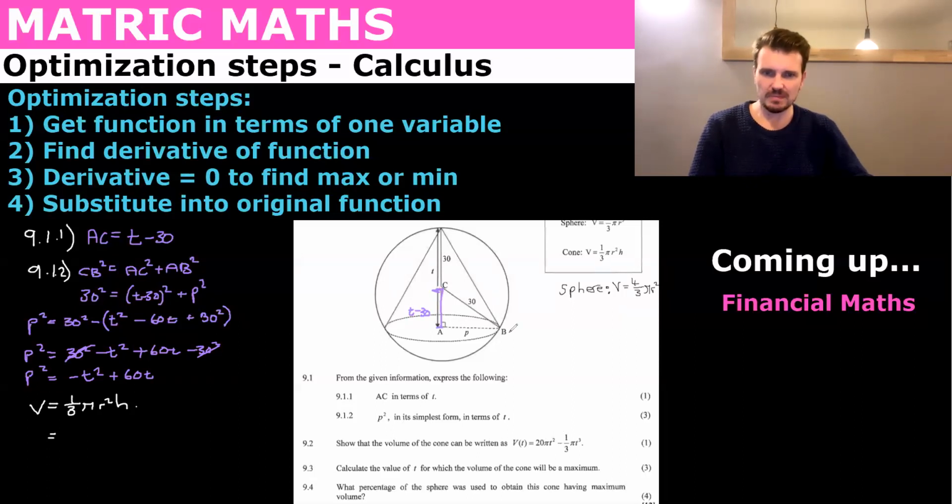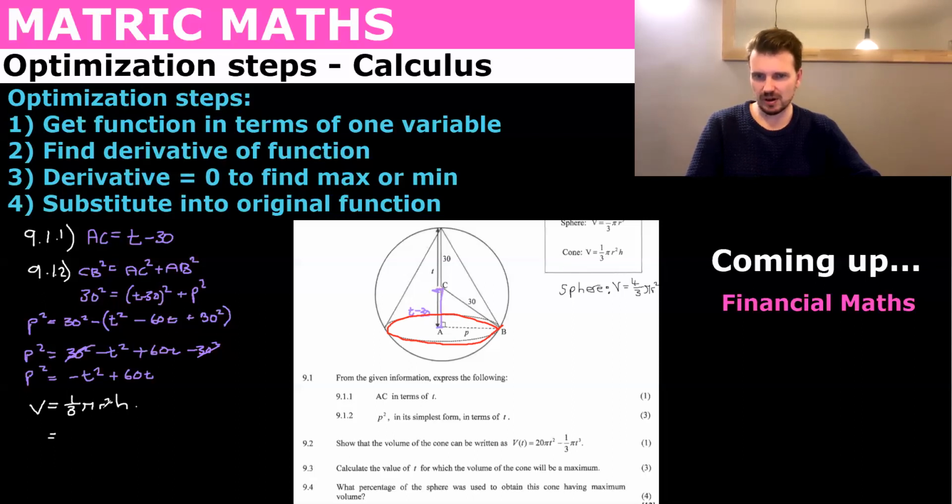Sorry, AB is the radius of the circle of the cone, right? This thing here. So the radius is actually P, and we got P squared to be this T value.